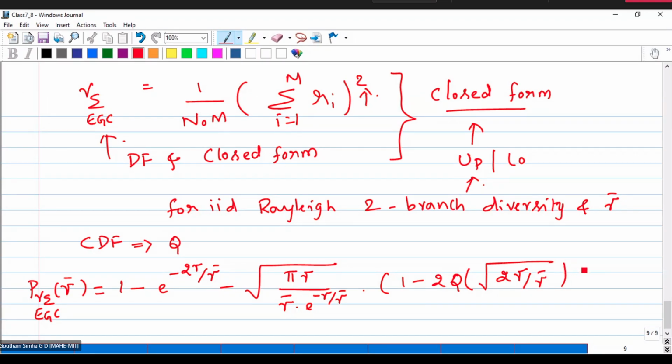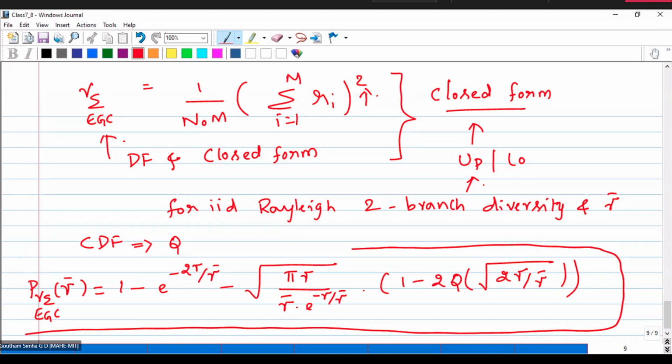I'll check it in the book whether whatever values I have written is correct or not. Okay, this is 1 minus e to the power of minus 2 gamma by gamma bar minus square root of pi gamma divided by gamma bar into e to the power of minus gamma by gamma bar into 1 minus 2Q of square root of 2 gamma by gamma bar. An expression for the CDF in terms of Q function can be derived like this.